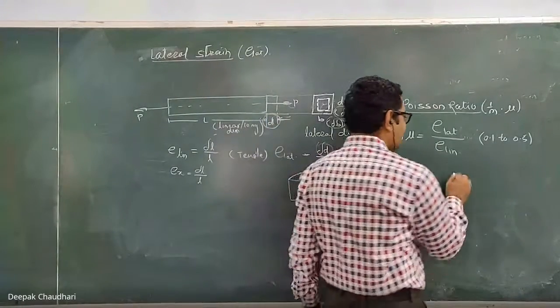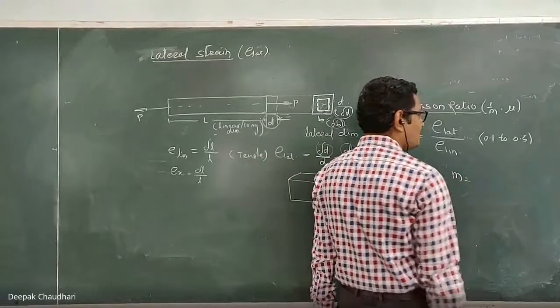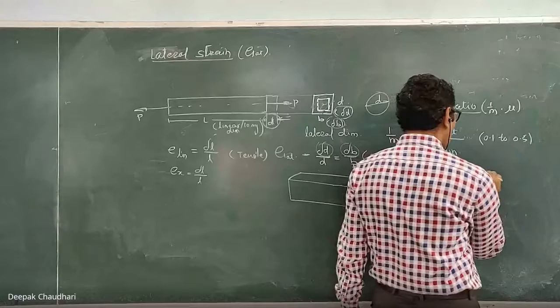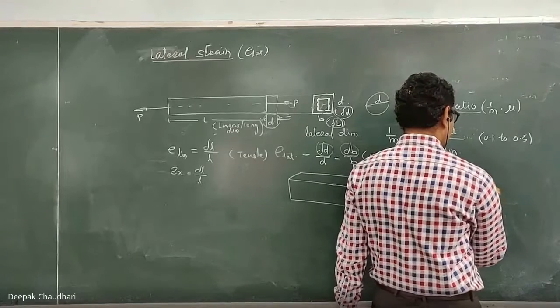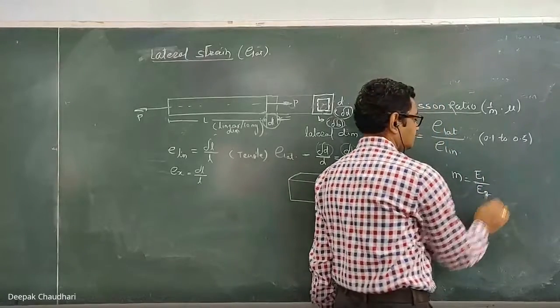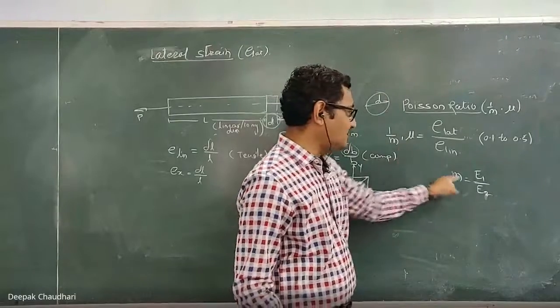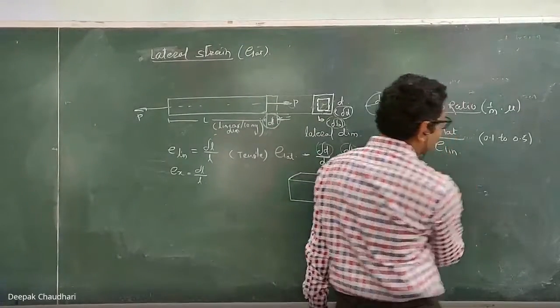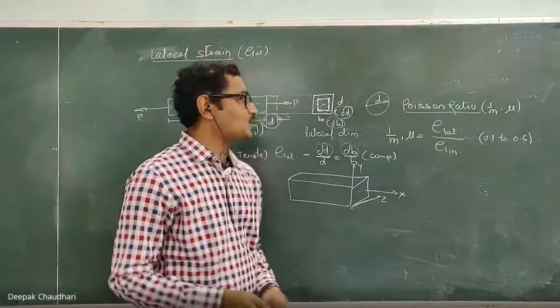Before this I told you that you can denote m for the modular ratio, which is the ratio of two moduli of elasticity. There is no relation between these two. So I would suggest using mu for the Poisson's ratio.